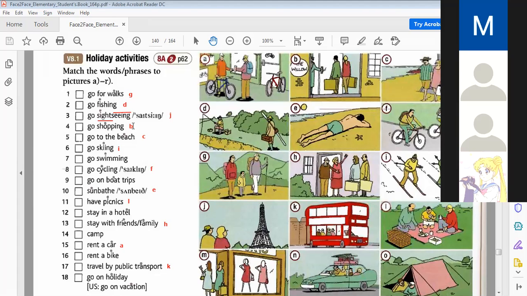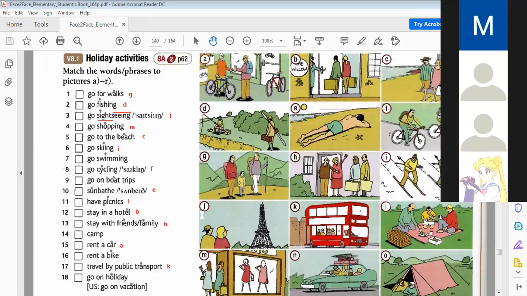Yeah, so B is a hotel, right? Stay in a hotel. Okay, so we need to change. B is stay in a hotel. And M is shopping. Go shopping. Good. Very nice.